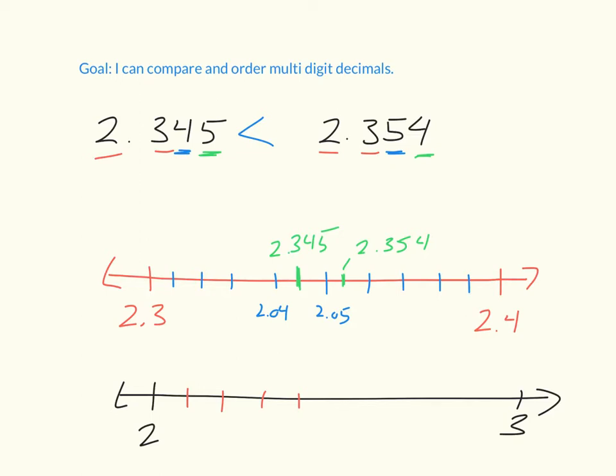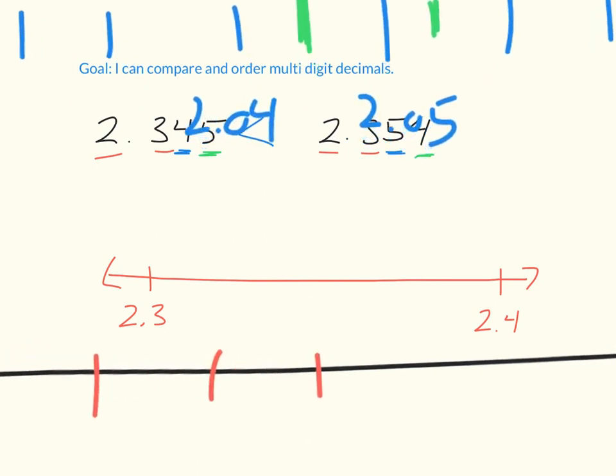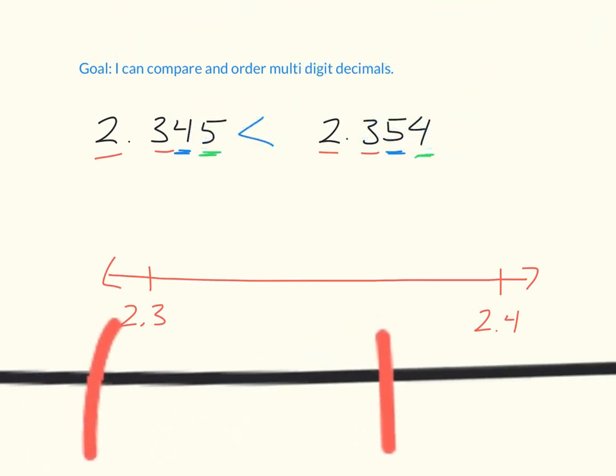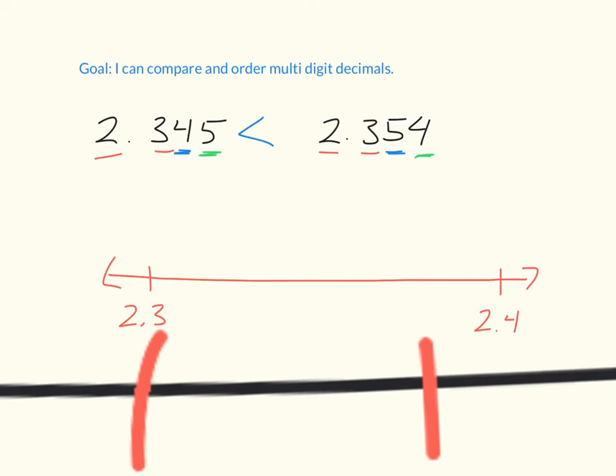And then, once I do that, I would zoom way in between my 3 and 4/10, and find my 4 hundredths and my 5 hundredths and my 6 hundredths. So right here, 2 and 345 thousandths, right here, 2 and 354 thousandths is where they would go on this number line.